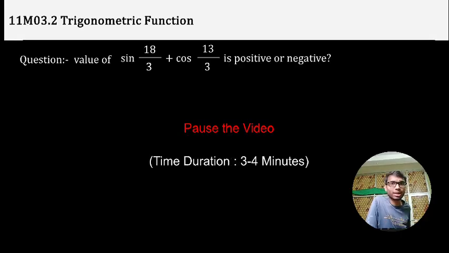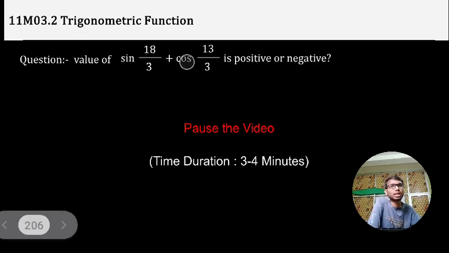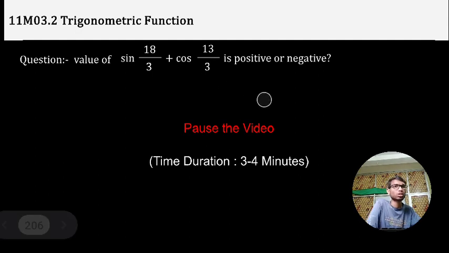Now the next question: the value of sine of 10 upon 3. This is a fraction, so it will give us a decimal. 3 5s are 15, 3 6s are 18. This is how much? 60 degrees, and 3 4s are 4 point something.